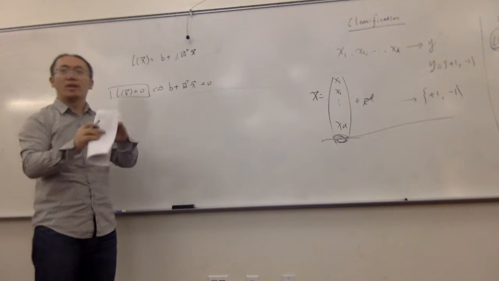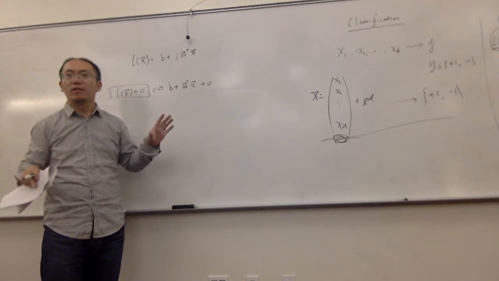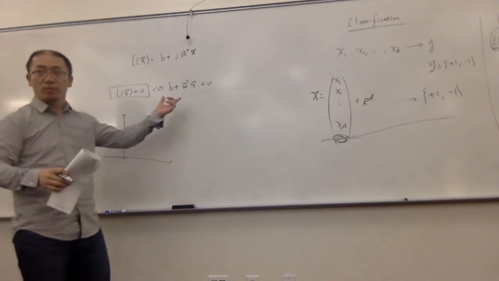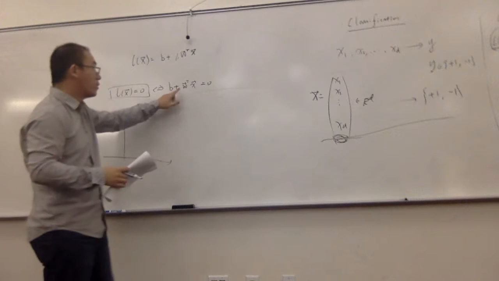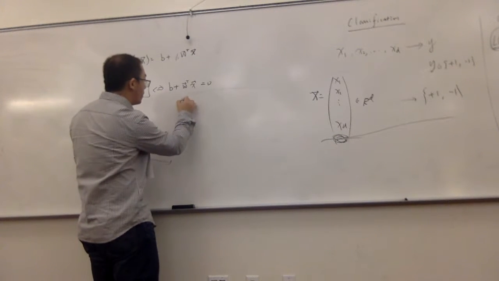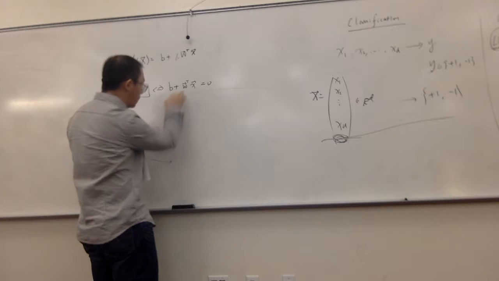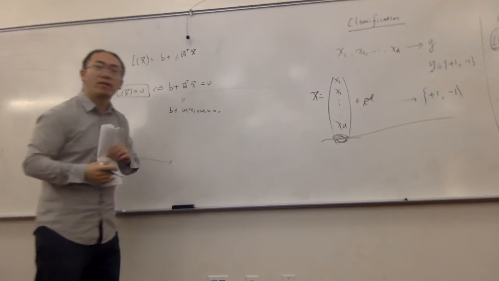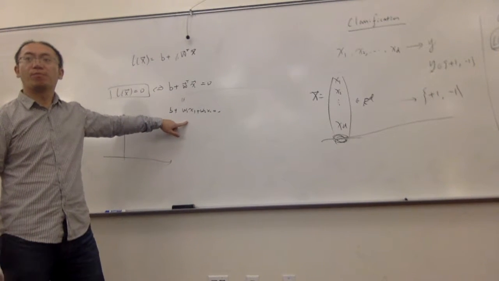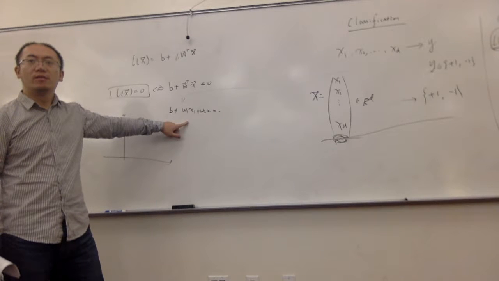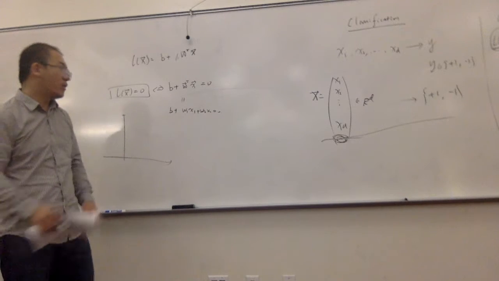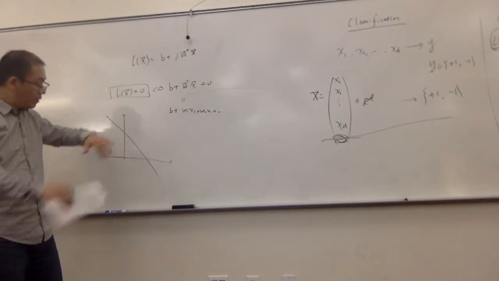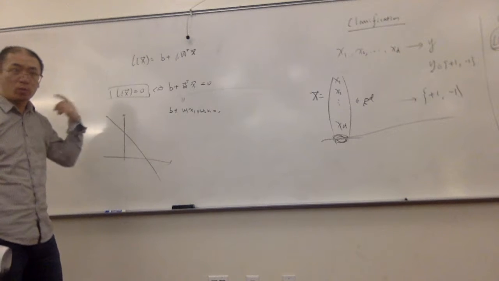So this equation actually defines some plane. If x is two-dimensional, then w is two-dimensional, and this equation becomes w1 x1 plus w2 x2 plus b equals 0. What is this in a two-dimensional space? It's just a line, right? And of course, this line partitions the whole two-dimensional space into two parts.